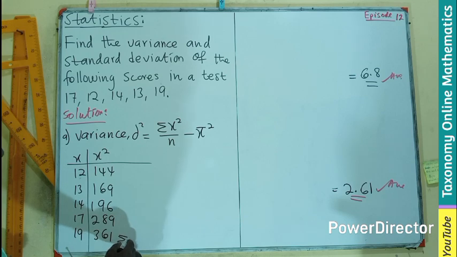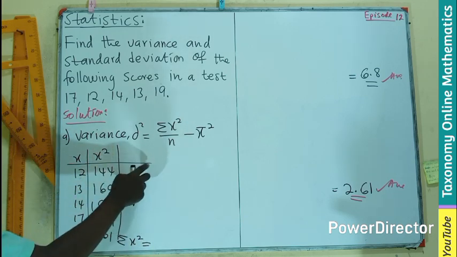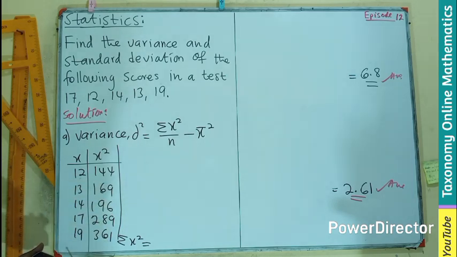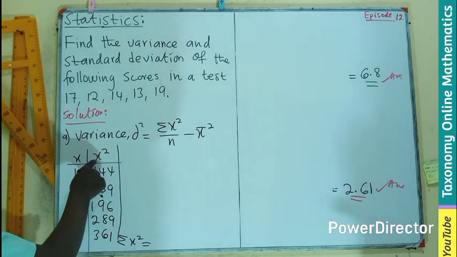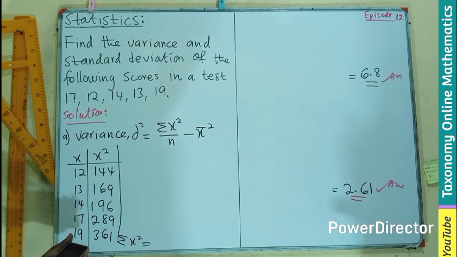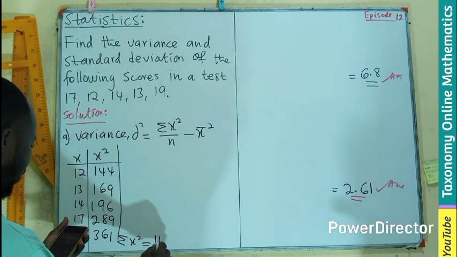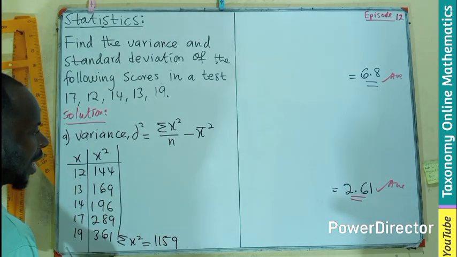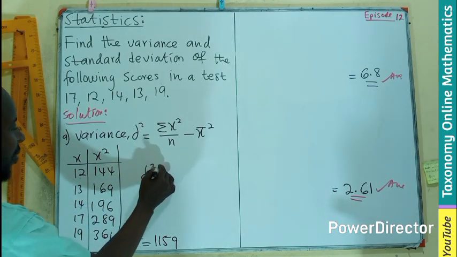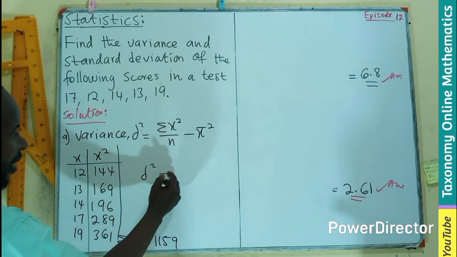All we need is sigma x squared, meaning we are adding all the squared values. That is 144 plus 169, and so on, which gives us 1159.